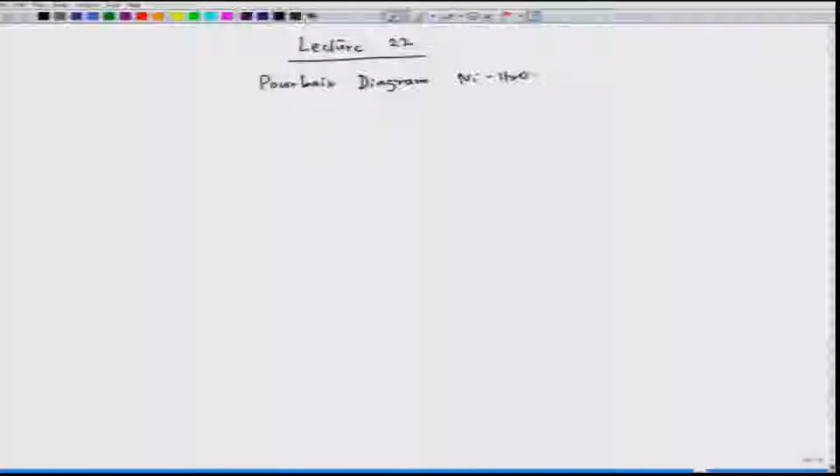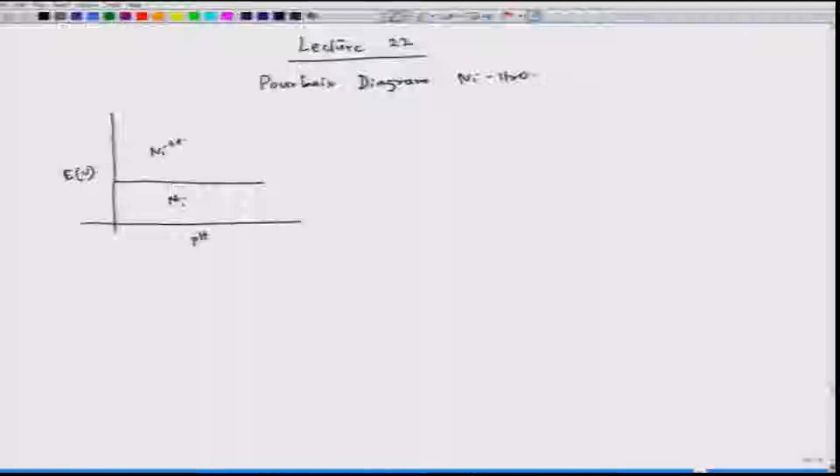Now, we have plotted nickel plus. We have done calculations for simple nickel ion reduction to nickel, and then we have gotten another plot.